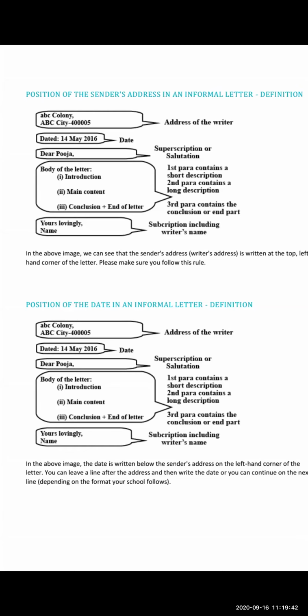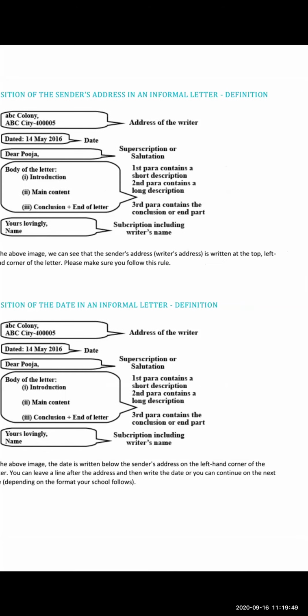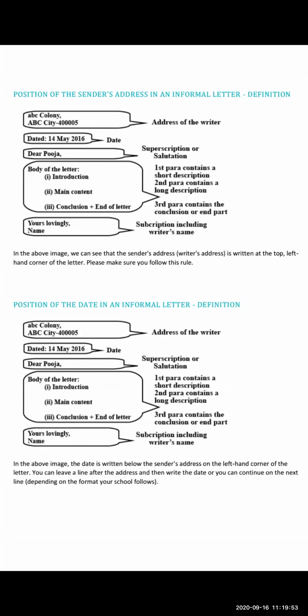In the above image, we can see that the sender's address, it means the writer's address, is written at the top, left hand side corner of the letter. So this is very important: the writer's address we need to write at the top left hand corner side.